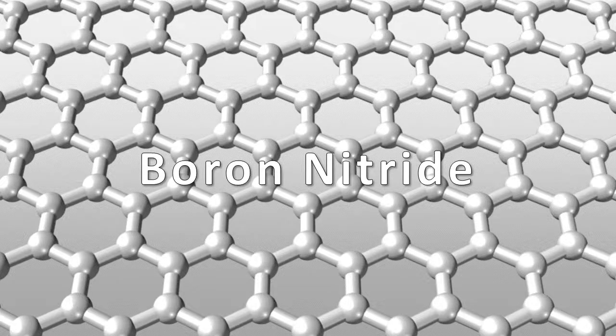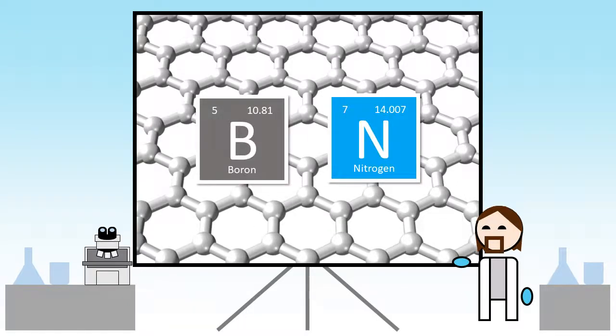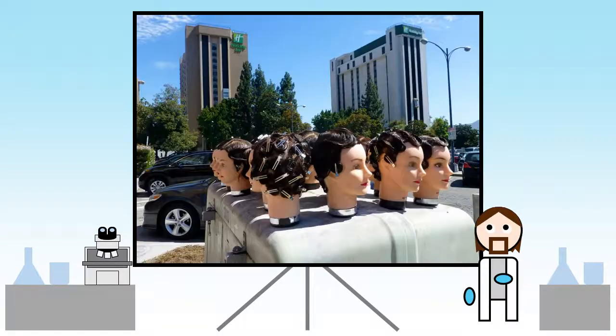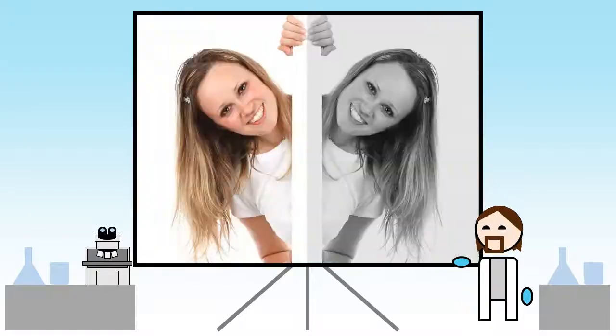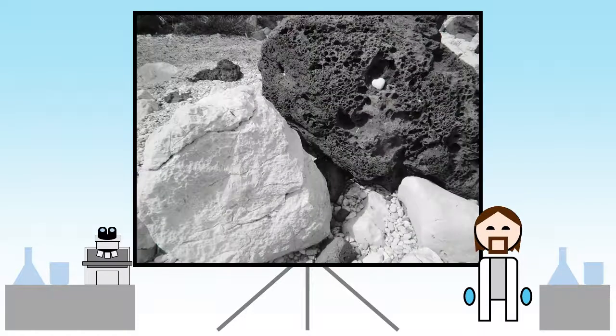Boron Nitride. As the name suggests, instead of carbon atoms, hexagonal boron nitride is made of boron and nitrogen atoms, which are found either side of carbon in the periodic table. I find this material to be a real oddity, because it is almost structurally identical to graphene in every way, yet it's a white electrical insulator rather than a black electrical conductor.